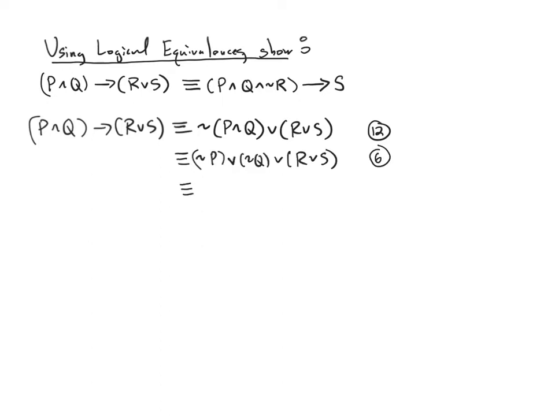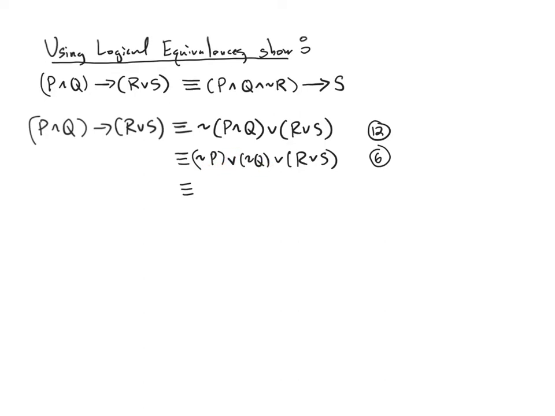And then, well, what do we want? We want something along the lines of not this or S. So what I'd like to do is to group all three of these together and apply De Morgan's law. Now, we don't have a logical equivalence for De Morgan's law with more than two things with one connective.